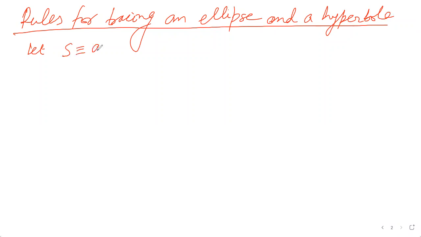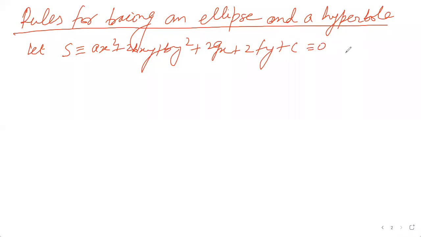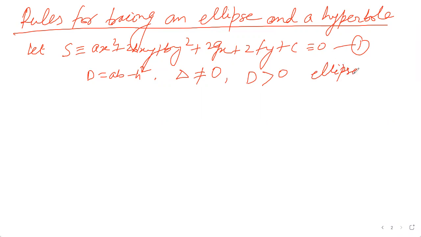Let S be ax square plus 2hxy plus by square plus 2gx plus 2fy plus c is equal to 0. First you will check the nature of the conic. For nature, you will find d = ab minus h square and delta. Delta should be not 0, and d should be greater than 0 for an ellipse, and if it is less than 0 then it is a hyperbola.